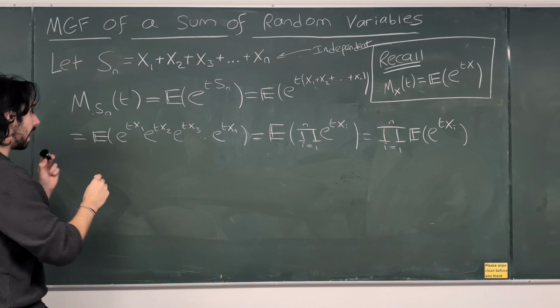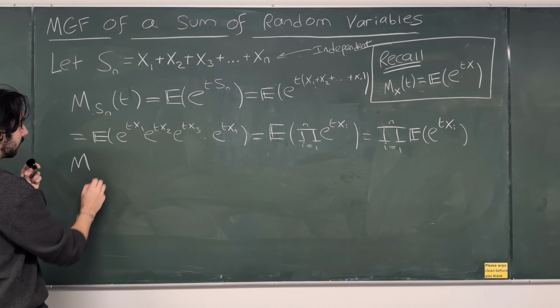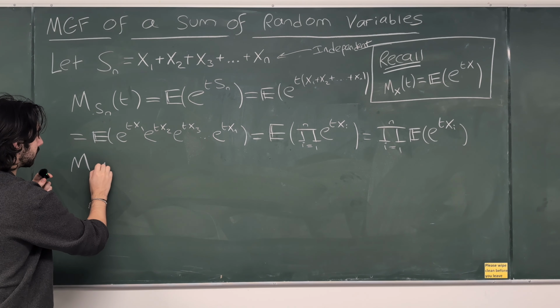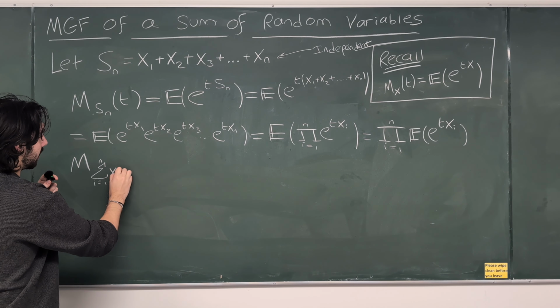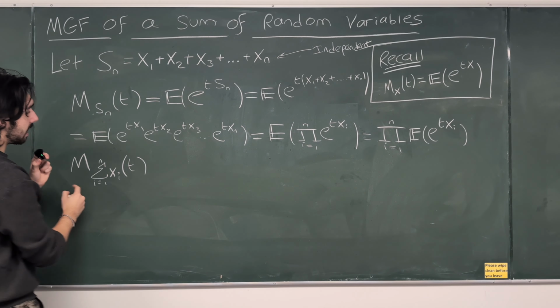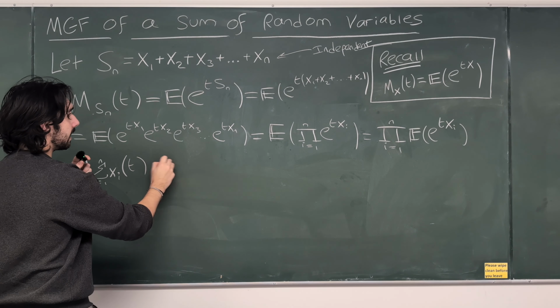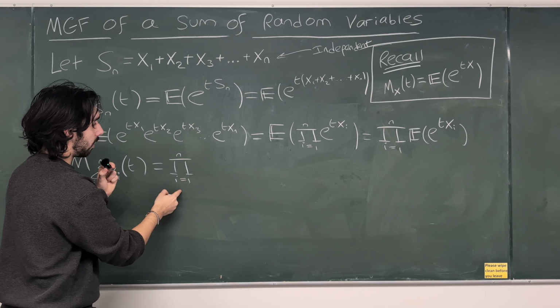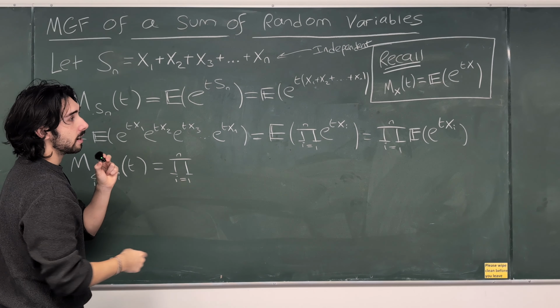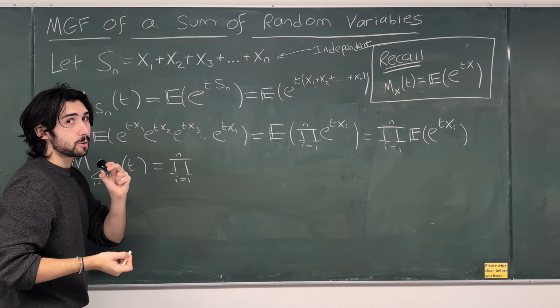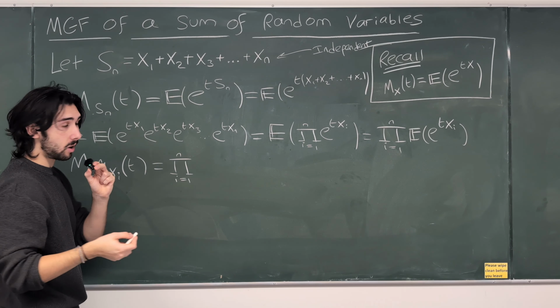So the conclusion there is that the moment generating function of the sum, which I will write as the sum from i equals 1 to n of the xi's as a function of t, is equal to the product from i equals 1 to n of the expectation of e to the txi, which we know is the moment generating function of just xi as a function of t.